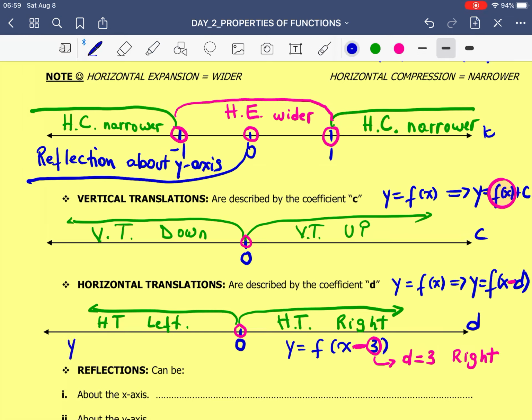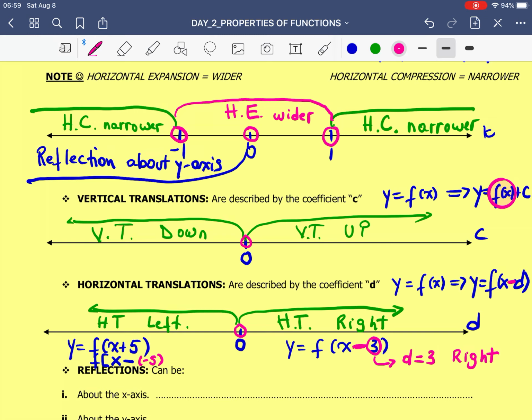Now, if you have y equals, say for example, f of x plus 5, when you see the plus in here, we think, oh, it's a plus, it's positive. But no, in this case, what this actually means is f of x minus negative 5.